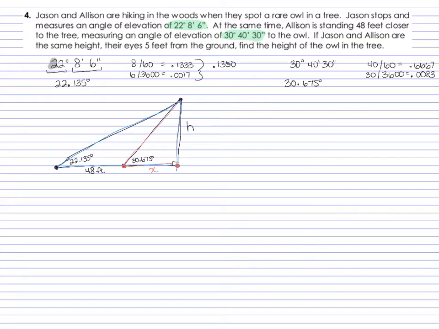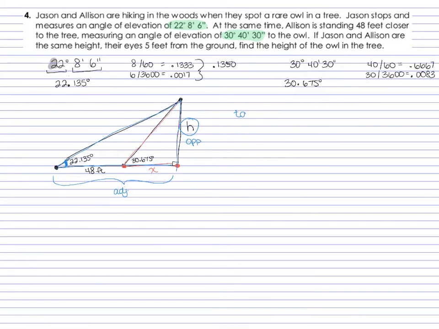So if I was talking about Jason's triangle, the blue one, we're talking about from this angle of elevation here, this 22.135. If we're relating this base length and height, from this angle, the height of the tree is my opposite side, and the length on the ground is my adjacent side. So the trig function that relates opposite and adjacent is tangent.